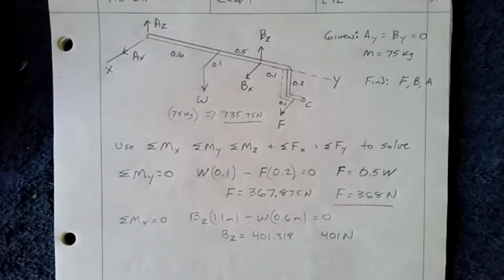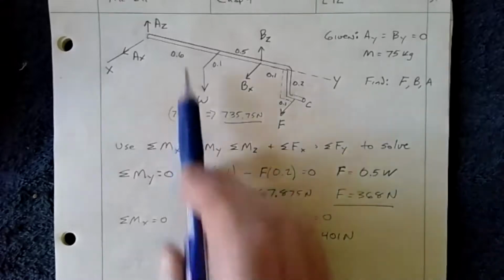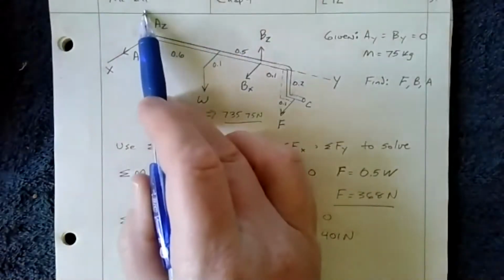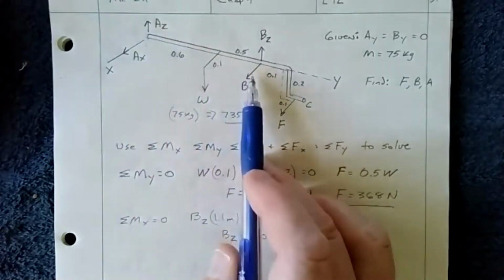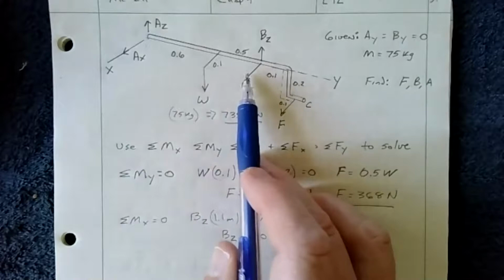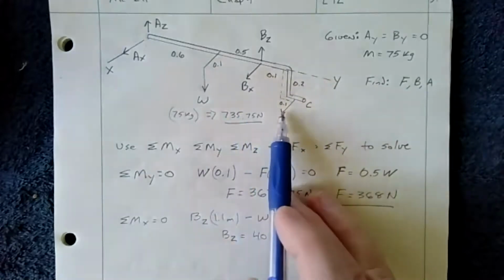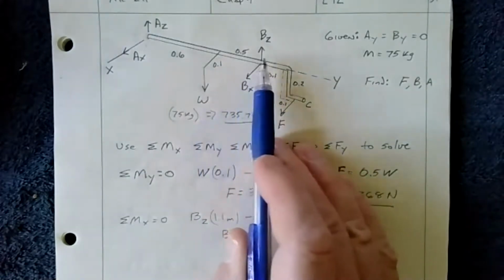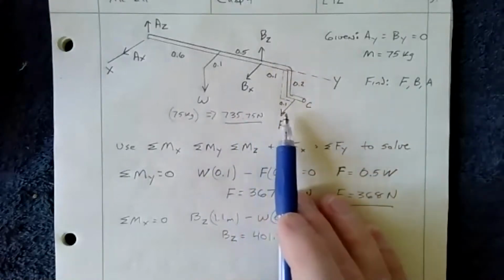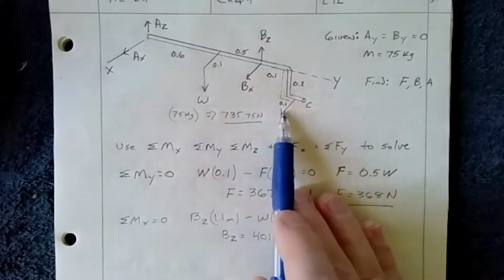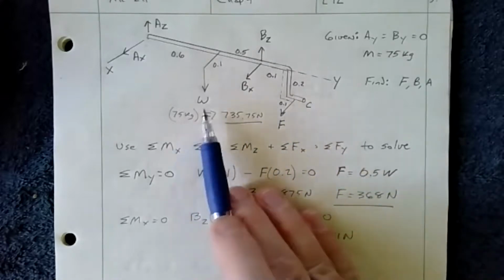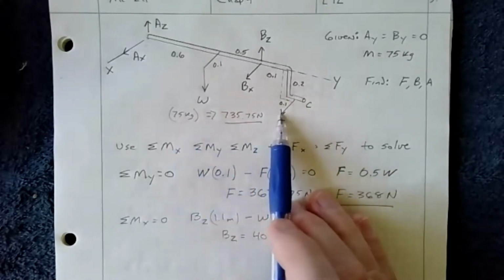If we sum the moments about the z-axis, which we know is here, it's going to again exclude AX and AZ. And the only thing that really counts then is going to be BX and F, because W and BZ are in the direction. Now, right away, we can probably surmise that BX is going to be opposite of F, otherwise we'd have a net rotation in one direction, because we've already established that F is coming in this direction.